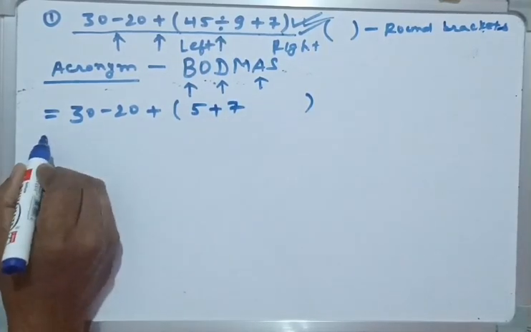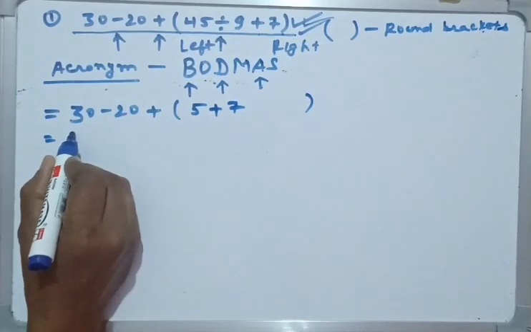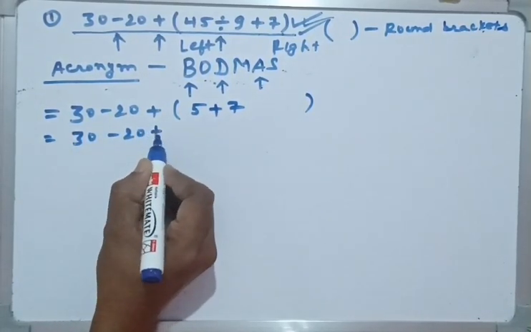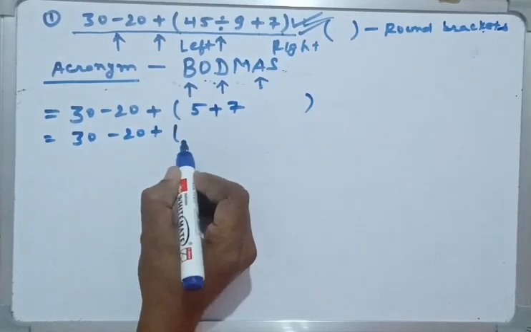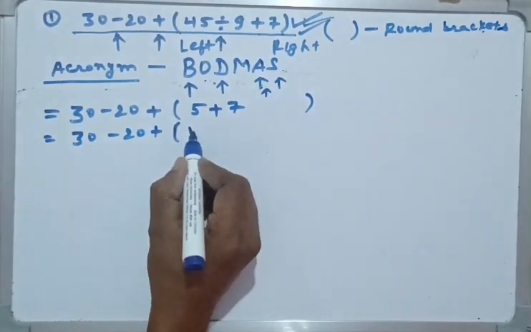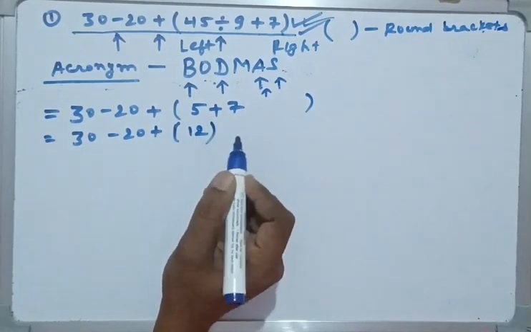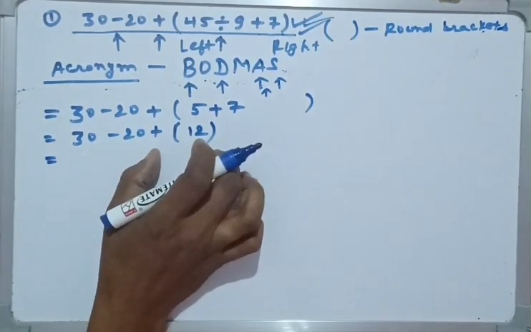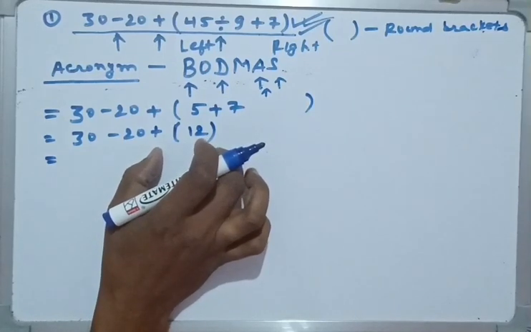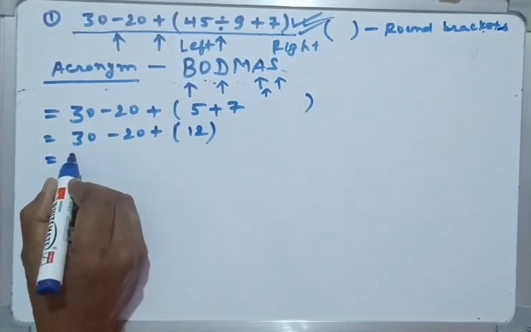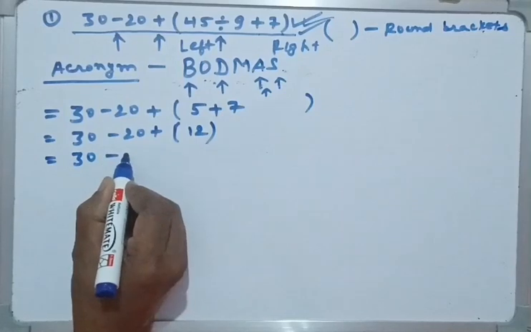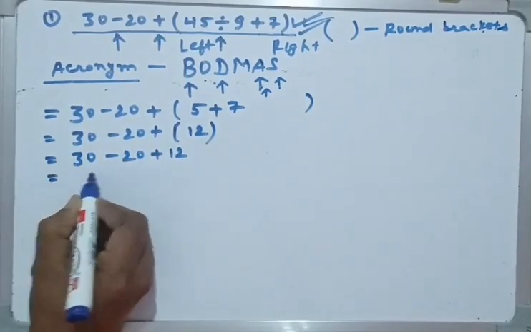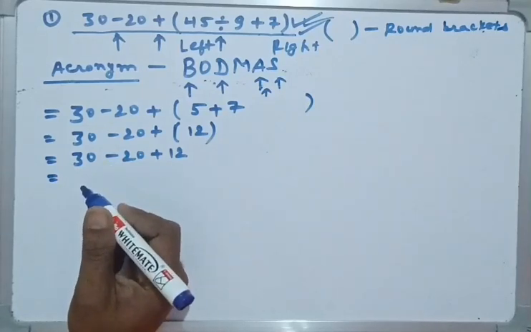Okay guys, now this one is 30 minus 20, then addition sign, left round bracket, we can write it as 12. Now next we will remove this bracket, so you can write it as minus 20 plus 12... Next which operator will you use?